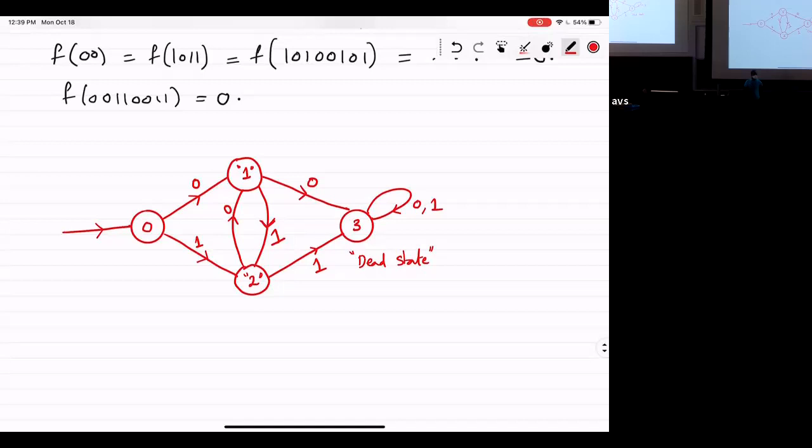Now, what should the accepting states be? This is the transition diagram, but what should the set S of accepting states be? Any guesses? 1 and 2. Let's start with that.